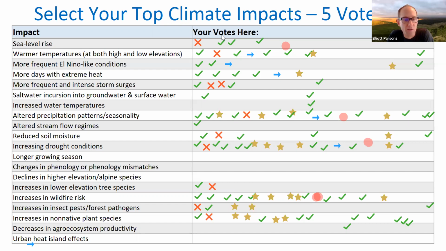With the increase in wildfire risk, I think that would lead to a decrease in lower elevation tree species, which is the one right above it, because we've lost a ton of native forest cover from wildfire. So I think declining tree cover is one of our biggest issues, and that would be due to multiple things such as fire, drought, and non-native ungulates.